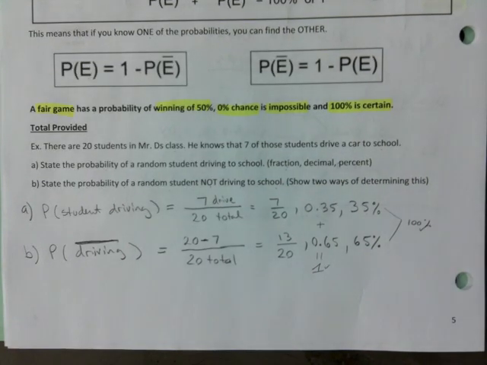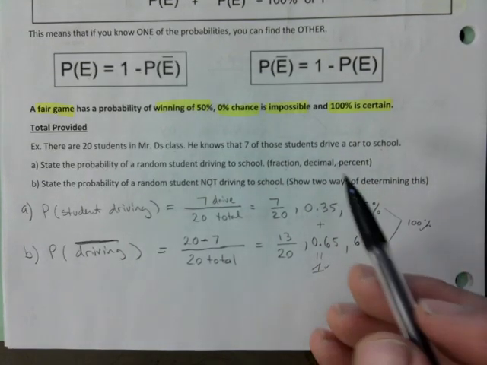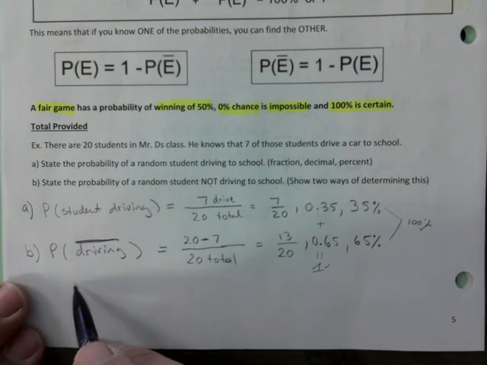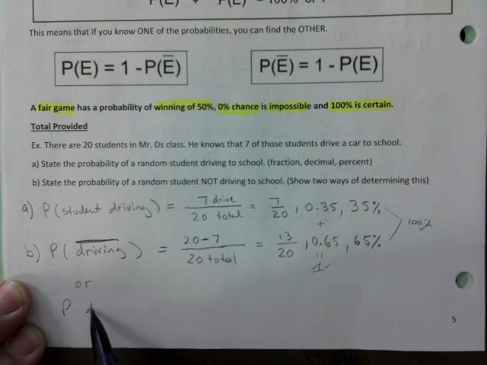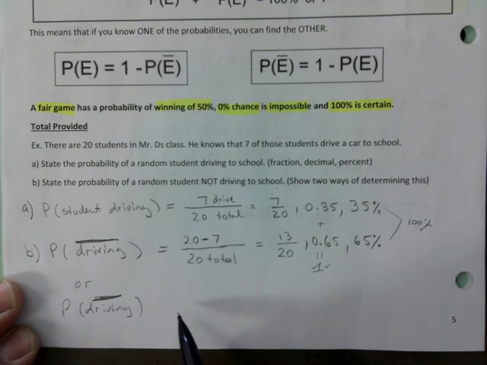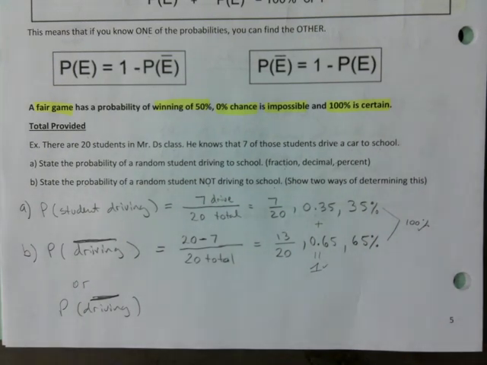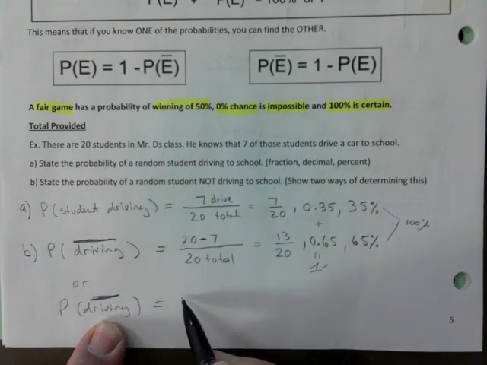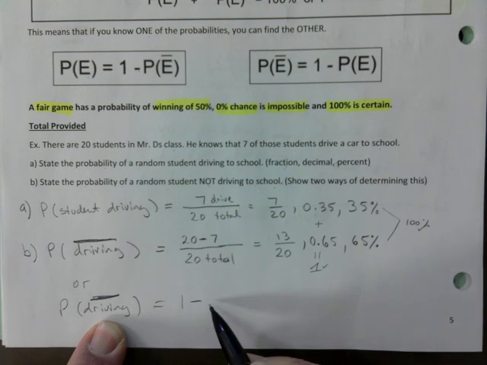Okay. And it's saying show two ways of determining this, so let's write this down, probability of driving. Just focus on how I do it. I know you know the answer. Probability of not driving, what I would do is 1 minus 0.35, let's say.